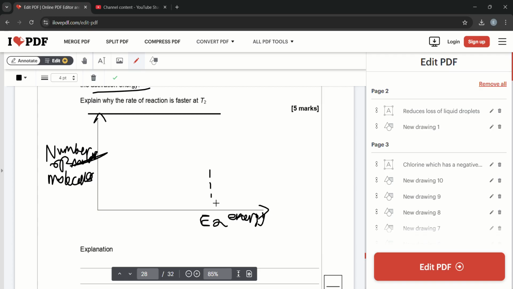And we'll just do a dotted line. And now at T1, normal temperature, it's just going to look something like this.